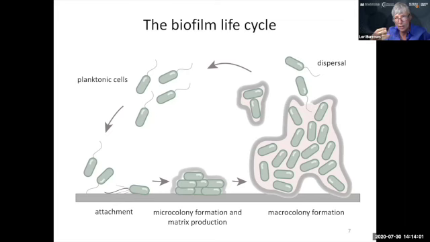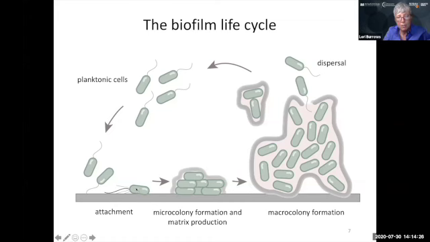This is a really hot area of research in the biofilm field, because we're trying to understand, what do the bacteria sense when they come into contact with a surface? Is it some kind of shear force? Is it some kind of mechanical signal that causes them to recognize that they're attached to a surface and then start to produce this matrix that I was talking about?